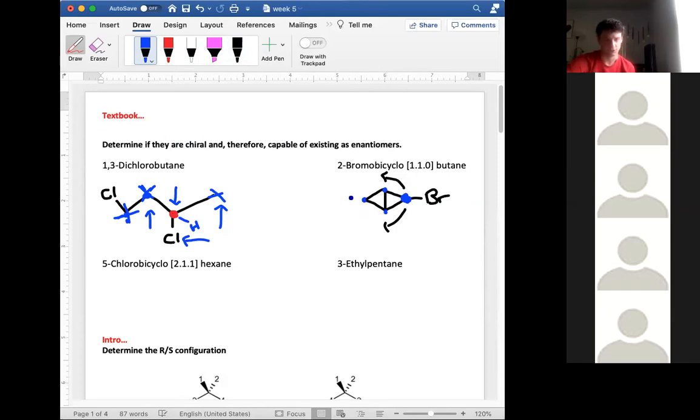And here's a CH2. There's nothing going around the ring. There's no other carbons to compare. So based on that, everything is the same. Thus, there's no 4 different groups coming off of that carbon, and therefore it's achiral.